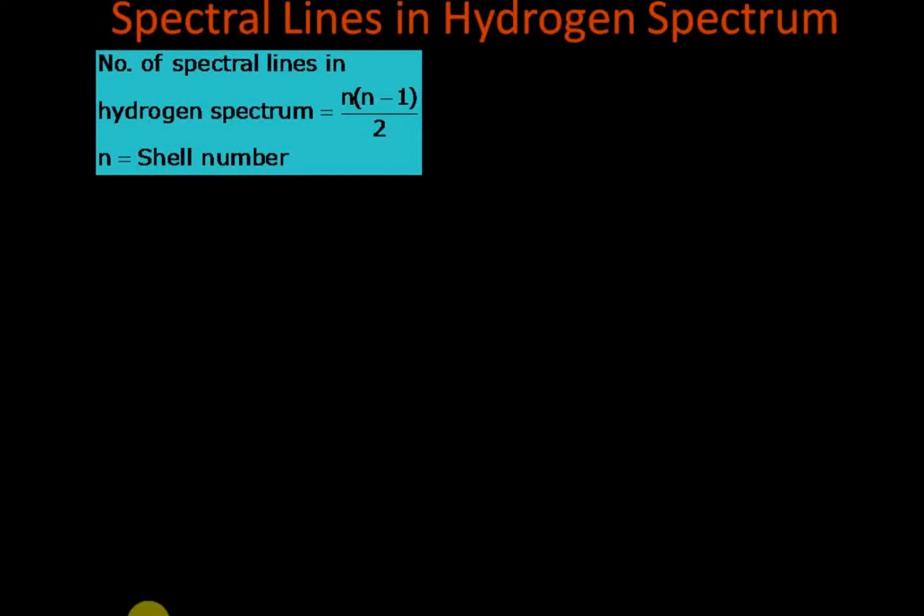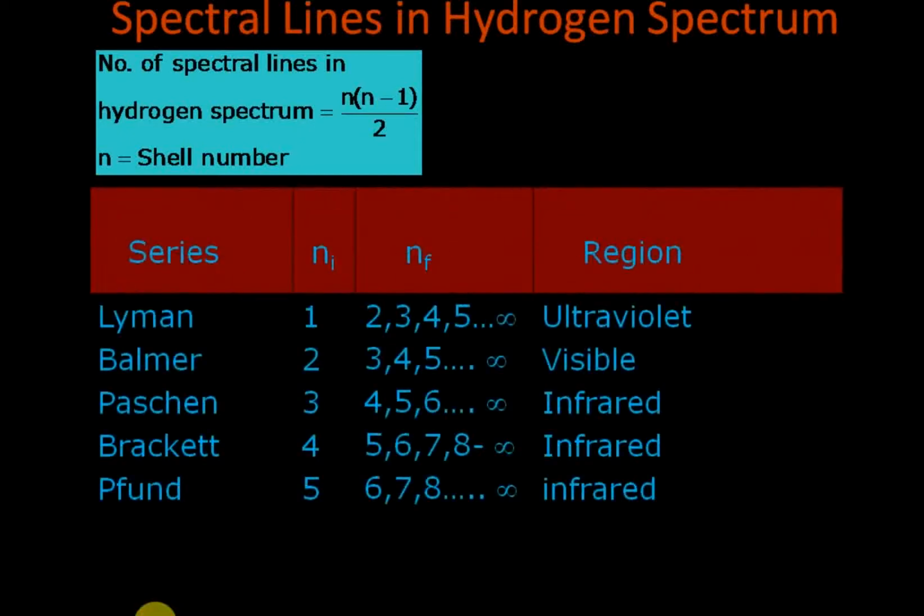So where n is the shell number from where the transition of electron is taking place. Now here are the 5 series: Lyman series, Balmer series, Paschen series, Brackett series and Pfund series.